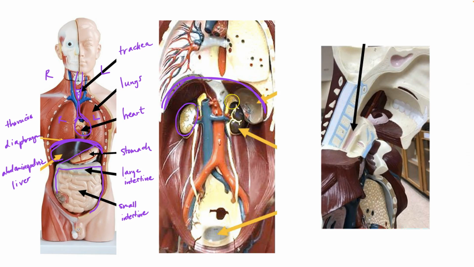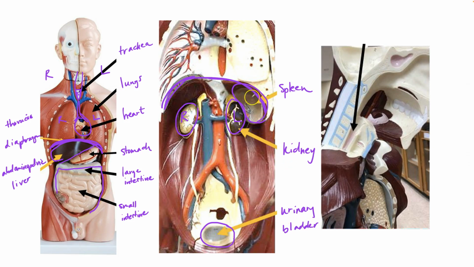So we have the left and right kidneys, right? So this would be the right kidney. This would be the left kidney. Then over here, this structure is the spleen. So let me mark. This is the kidney. This structure down here, which might be a little fuzzy, a little hard to see, is the urinary bladder.